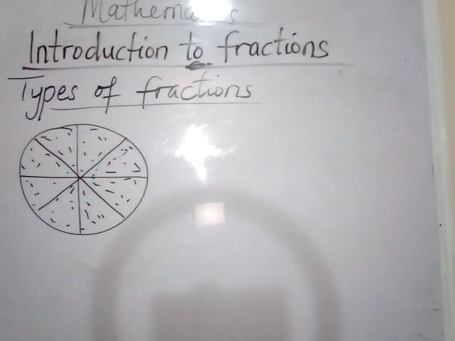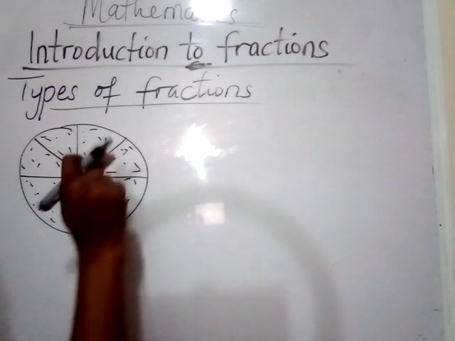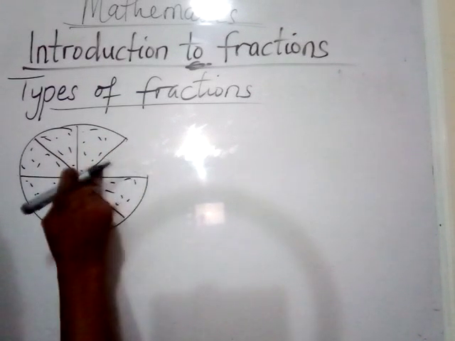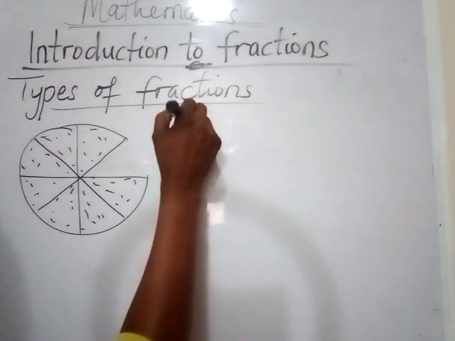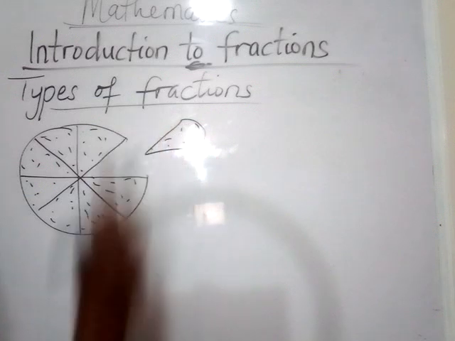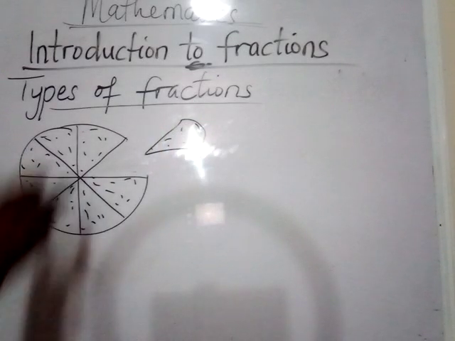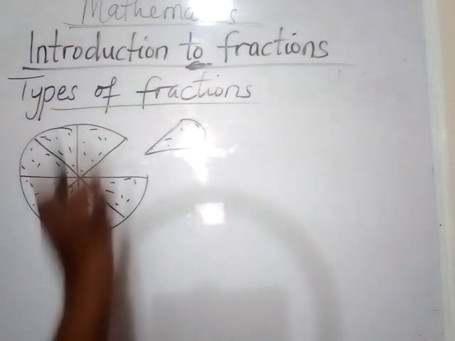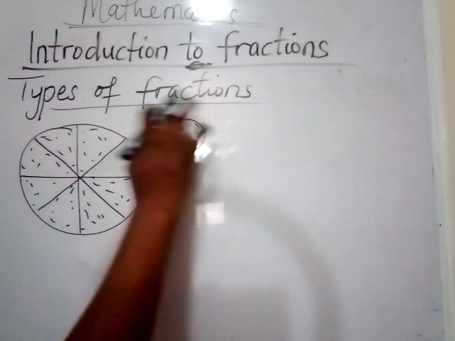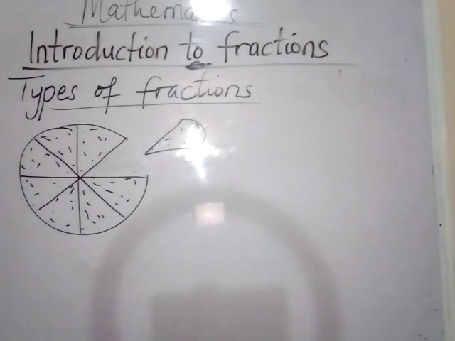Now we said, assuming we remove one part of this pizza, that's the part we have removed, right? When this part was here, it was a whole. But now this one piece has been removed. This is no longer whole, and this is no longer whole. Now remember we said that a fraction is part of a whole.